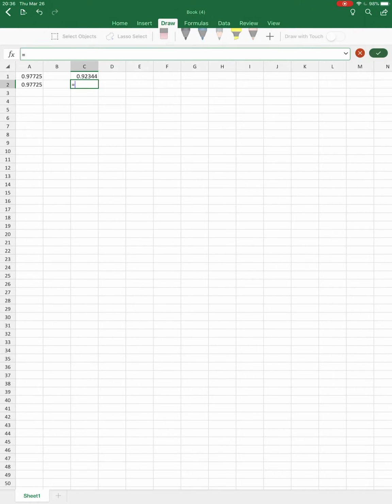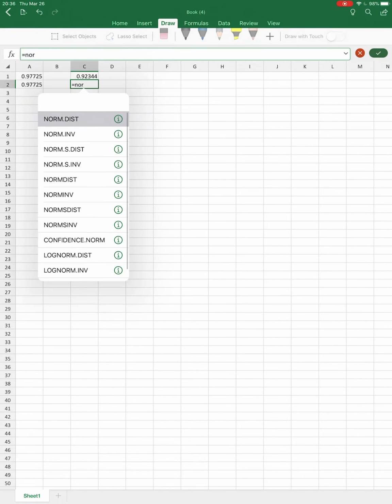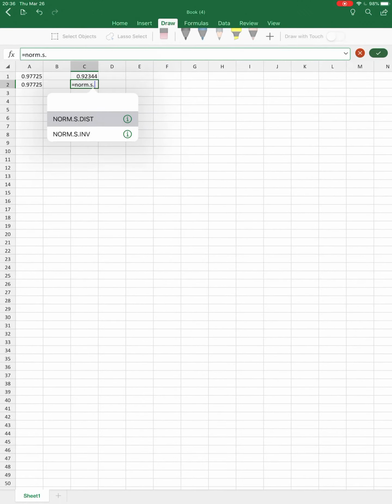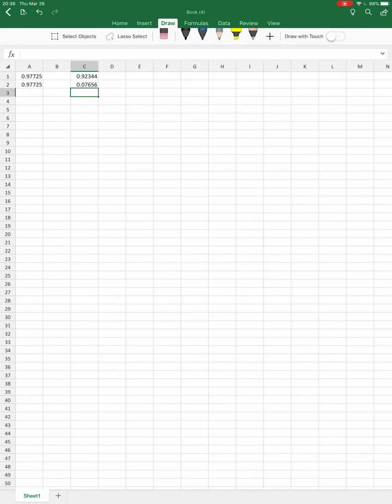If you would like to do it in 2 steps, you can do your norm.s.dist, negative 1.4286, comma, true, hit enter, and then you take the complement of that. So equals 1 minus 0.07656, which is 0.92344.